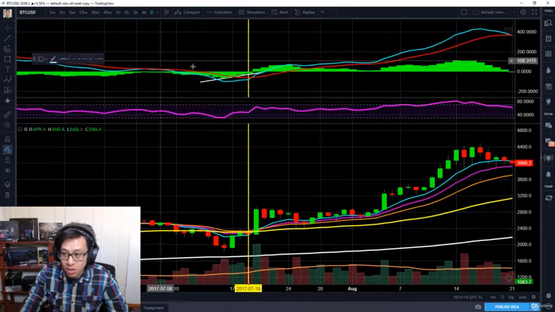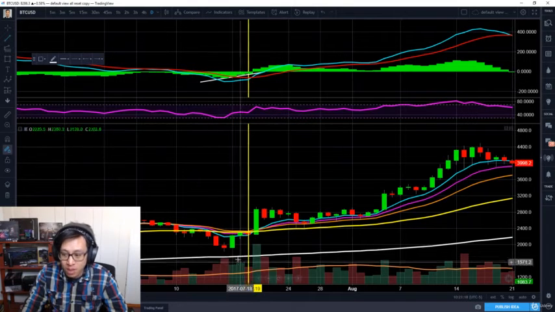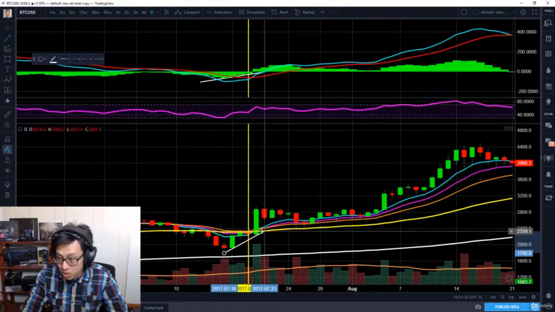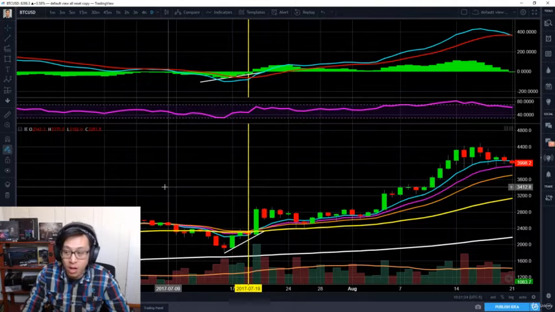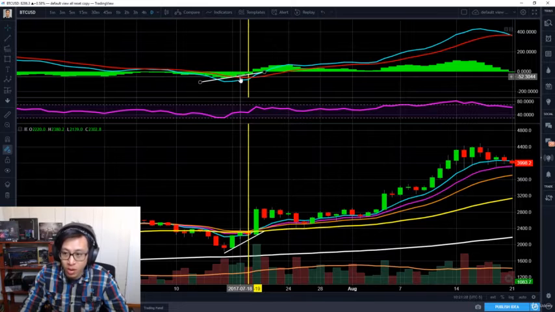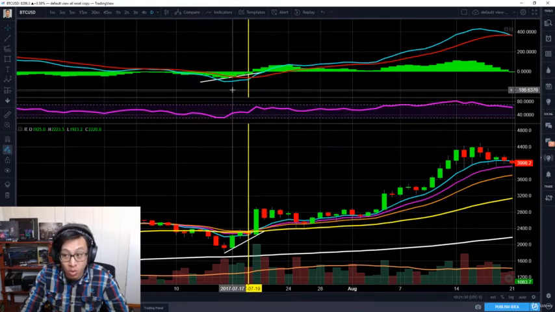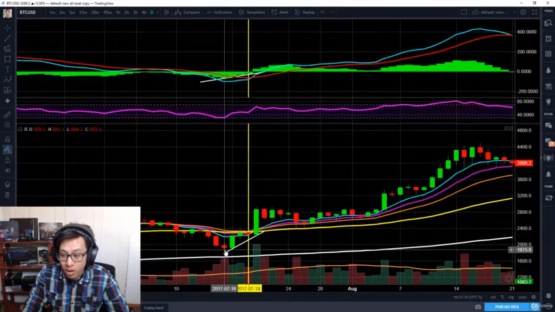So if you notice right here that the histogram is gaining positive bullish momentum, we can anticipate a crossover, right? And we can buy near the bottom.